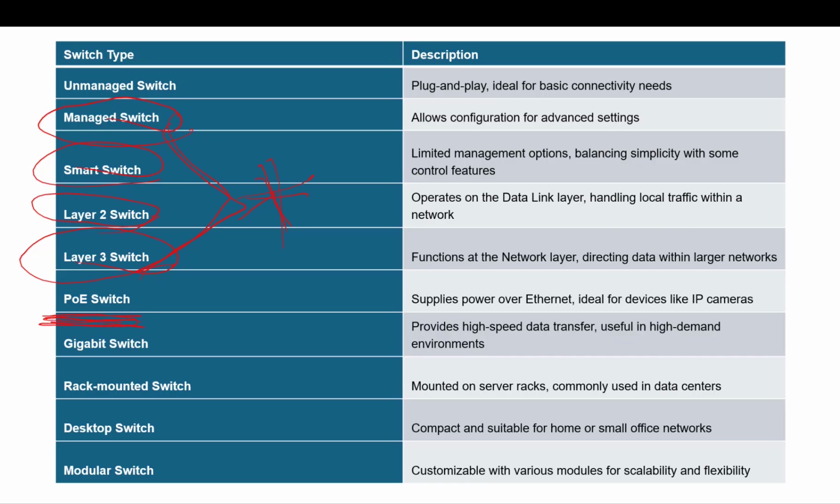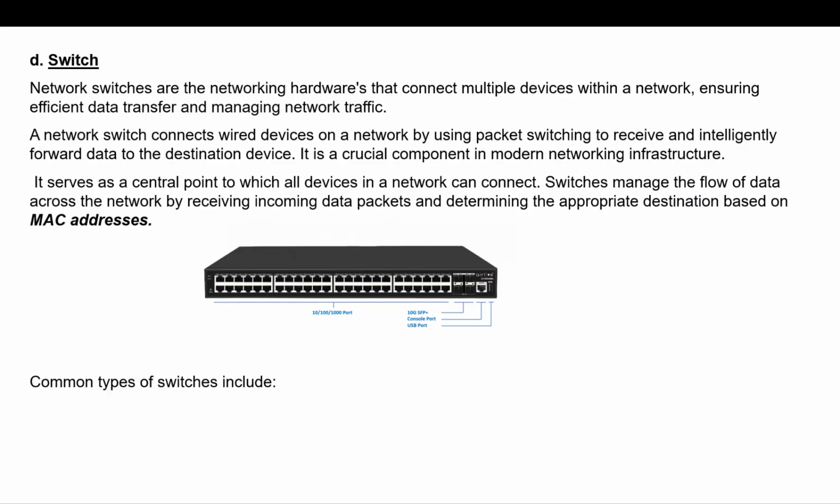Now the difference is the PoE switch, which is the power over Ethernet switch. This switch also acts as an adapter. In a sense, if you connect that switch, that port where you put the cable also supplies current. Now, for example, let us say this is the PoE switch, right? Which means power over Ethernet. So when you connect this, let us say this is your extension, you connect and the power comes on, right?